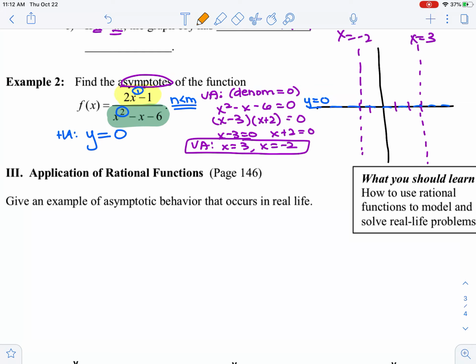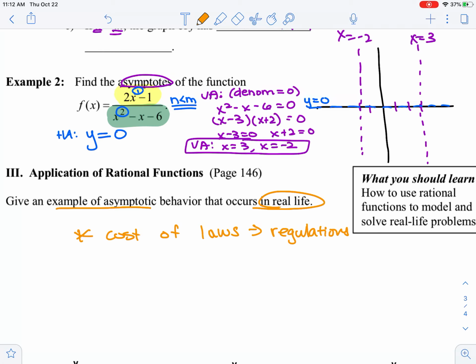We won't go into it, but an example of asymptotic behavior in real life could be the cost of laws that are passed that affect businesses. We call them regulations.